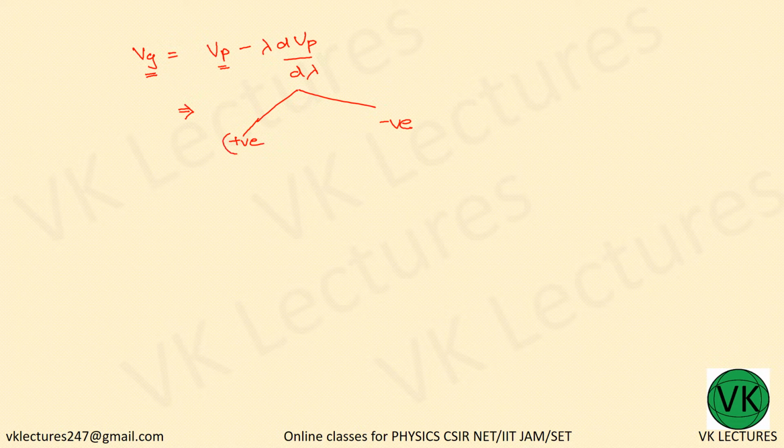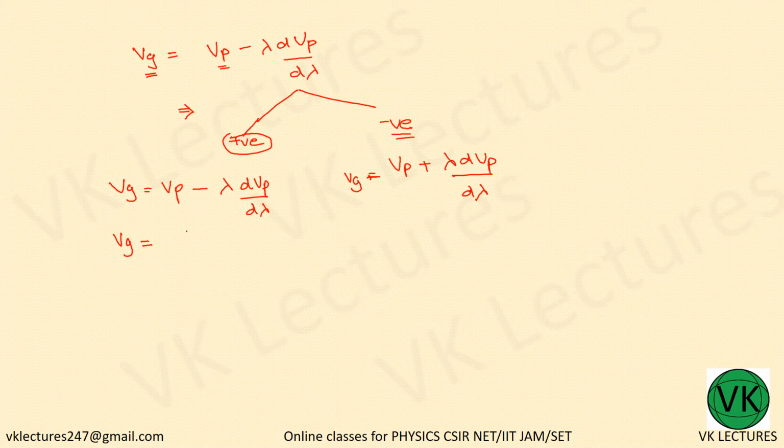If it is positive, then we can write Vg equal to Vp minus lambda dVp by d lambda. Now if it is negative, it becomes Vp plus lambda dVp by d lambda. Now here Vg is equal to some x minus y. Here Vg is equal to x plus y.